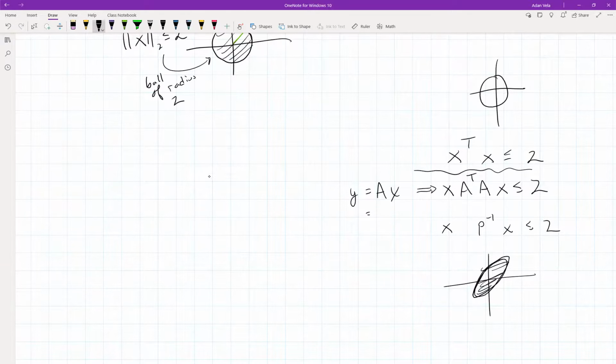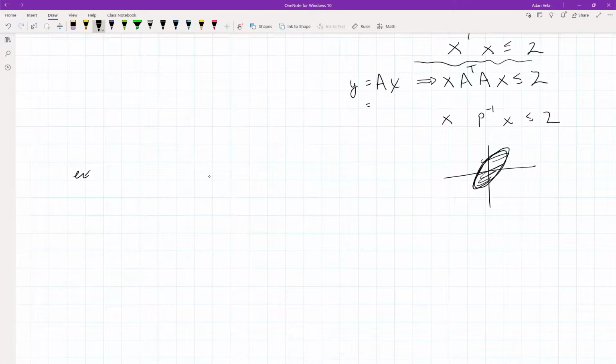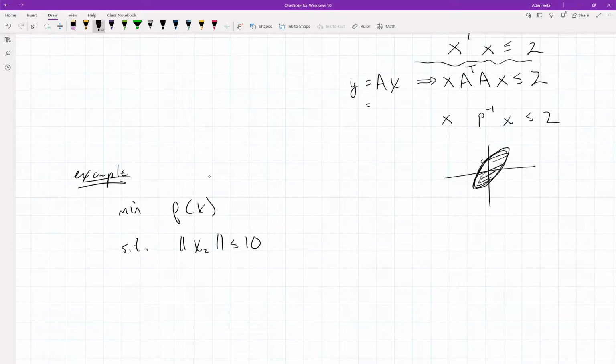Another way that this A matrix comes into play has to do with down selecting. Okay, so another example. Let's say we want to minimize some f of x subject to the norm of x being less than or equal to 10.